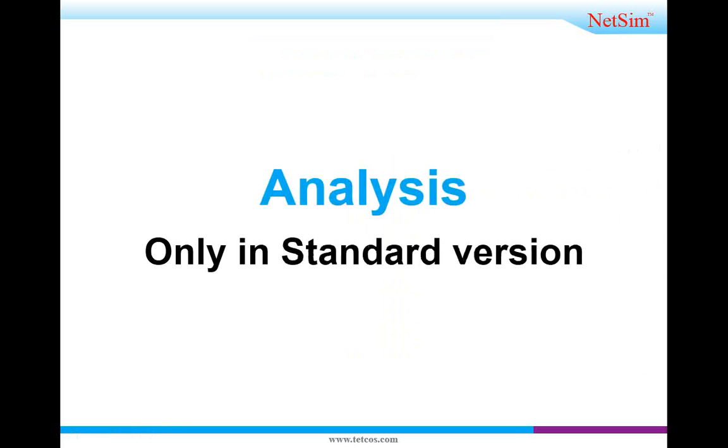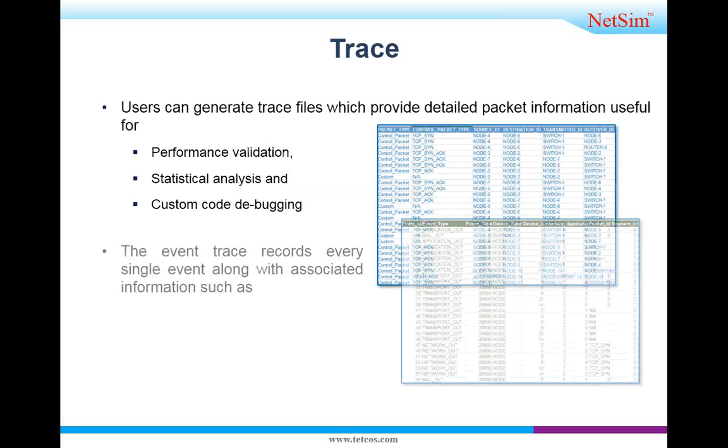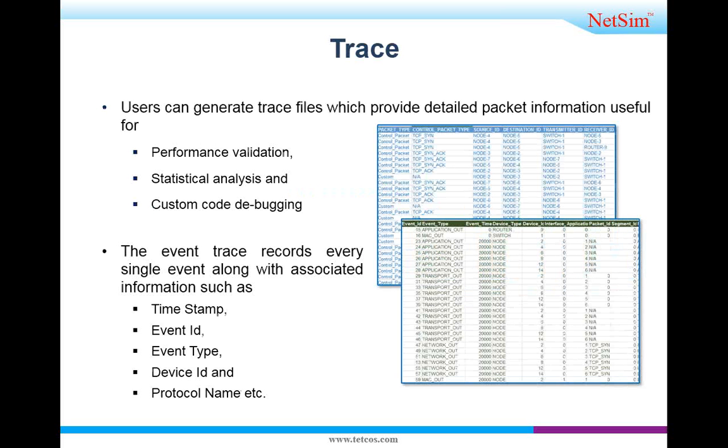Then some analyses which are exclusive to the standard version. So here we can see trace. It has the option of creating some traces like packet trace and event trace. Okay.